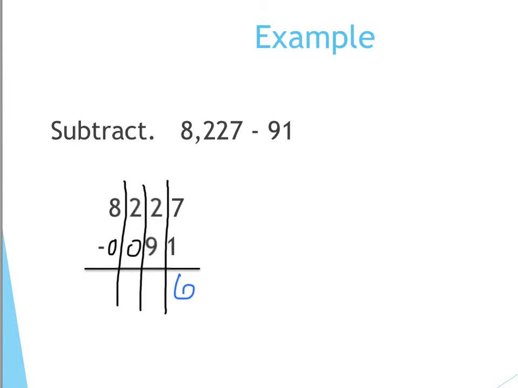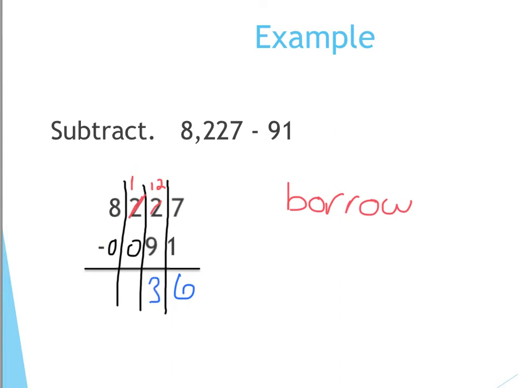In order to borrow, what I'm going to do is I'm going to take 1 away from the column to the left of it and change my number by a factor of 10. Notice I started out with 2, now I'm going to have 12. So I'm going to have 12 minus 9, which will give me 3.